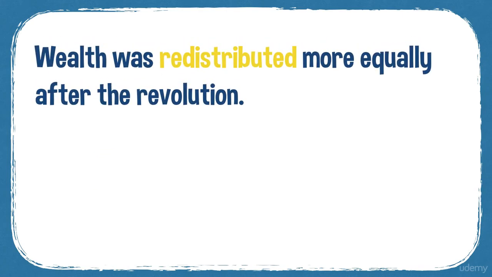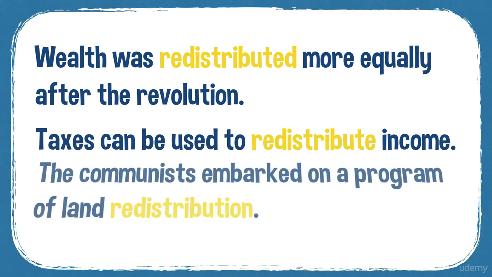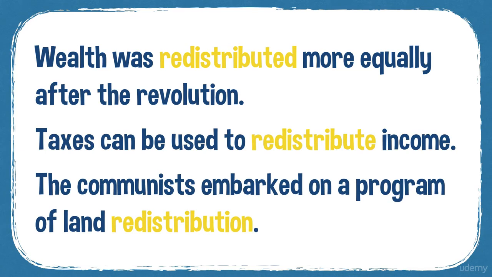So wealth was redistributed more equally after the revolution. Taxes can be used to redistribute income. And the communists embarked on a program of land redistribution. The third sentence is a noun here, redistribution.